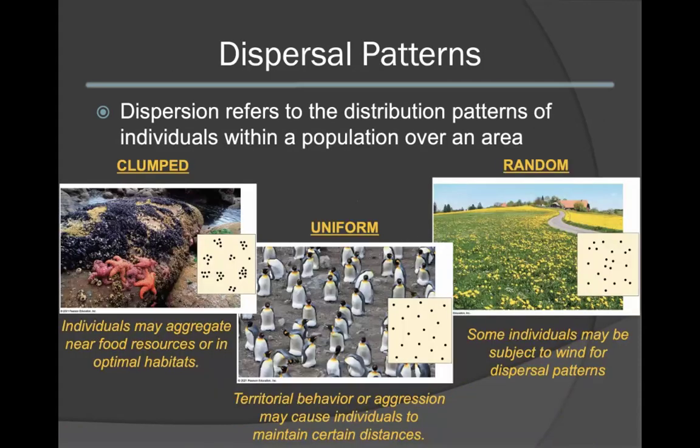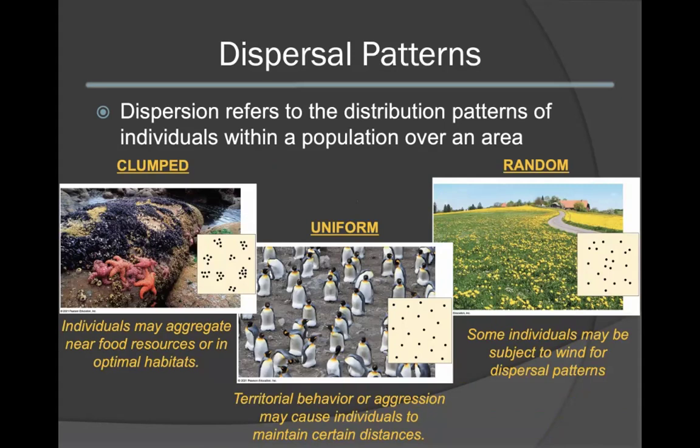Another important characteristic of populations is examining the dispersion pattern. Dispersion refers to the distribution patterns of individuals that occur over a specific area. The distribution of individuals within a population can be clumped, as we see to the left, uniform, as well as random. In a clumped distribution, individuals will aggregate near food sources or in optimal habitats.